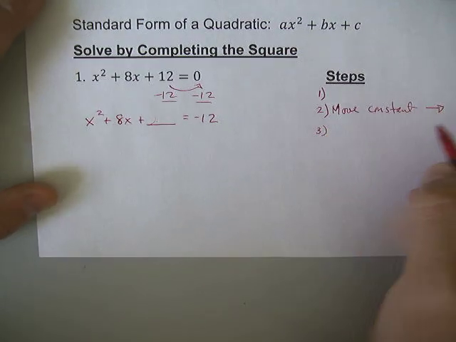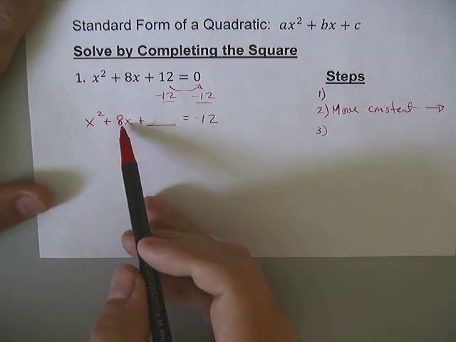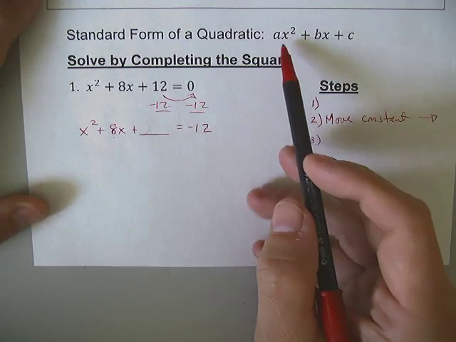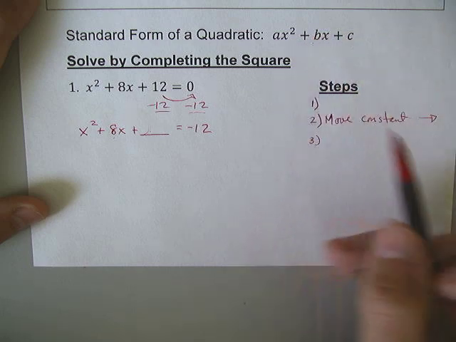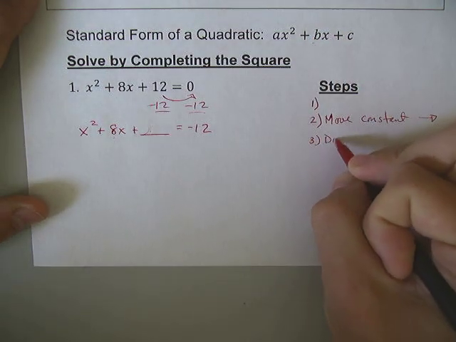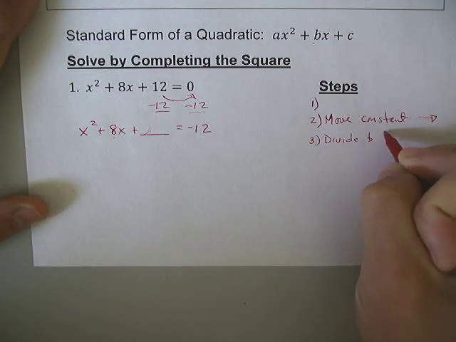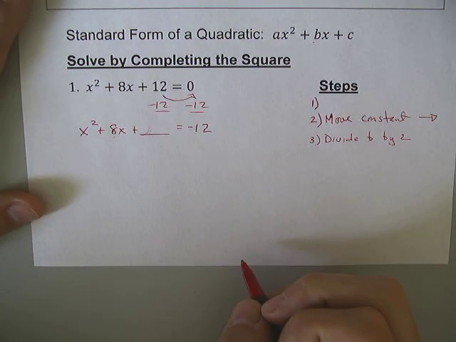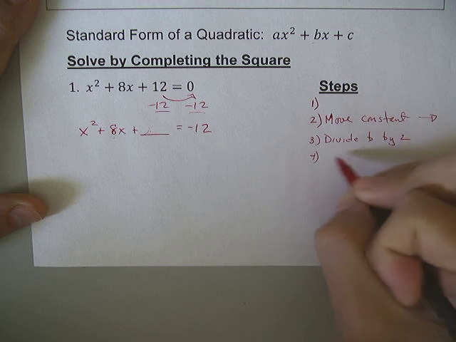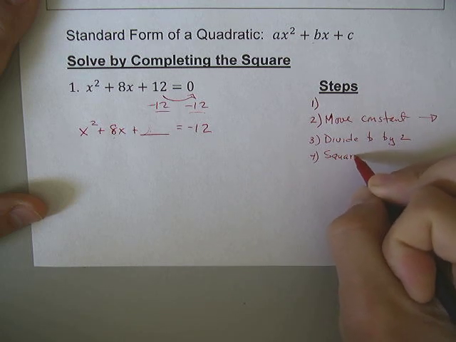So how do you do that? Well, I gave you the 2 steps earlier, but I'll write them down anyways. And that is, you're going to take your b value, okay, that's this number right here. Okay, that's based upon this, ax squared plus bx plus c, so this value. So divide b by 2.